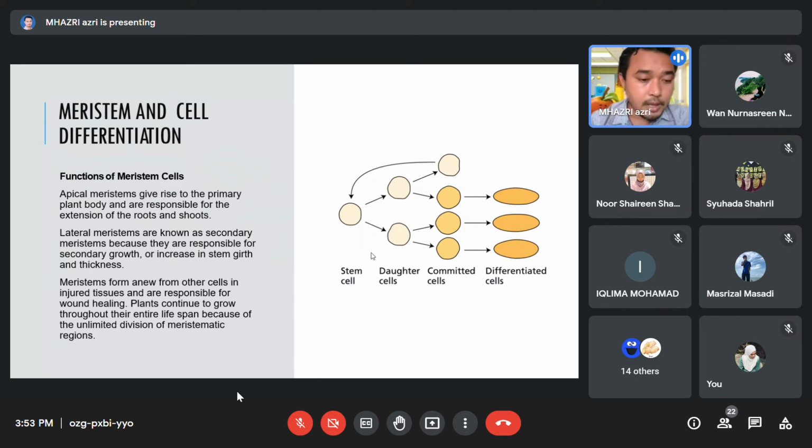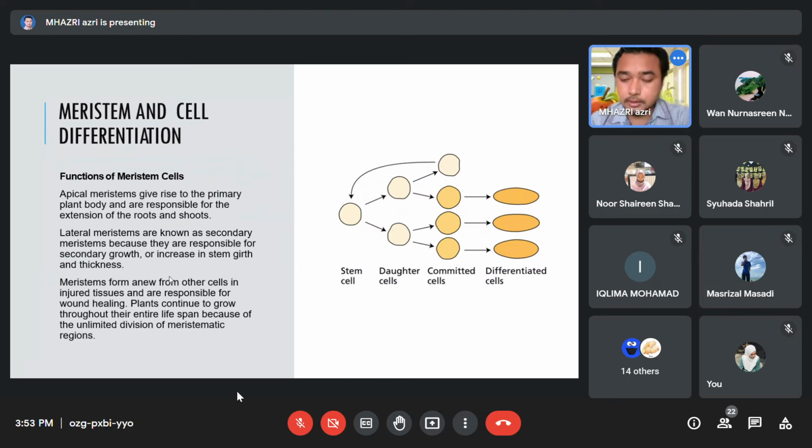Meristem forms new cells from other cells in injured tissue and is responsible for wound healing. The sentence is not correct, I will retype it later. Meristem forms new cells in the injured tissues and is responsible for wound healing. Plants continue to grow throughout their entire lifespan because of unlimited divisions of meristematic regions.